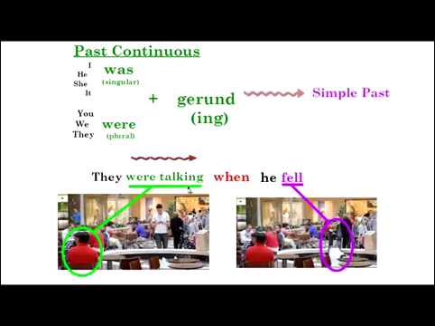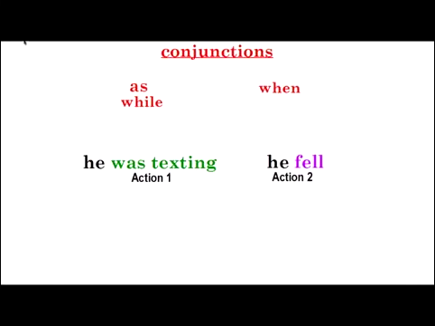Okay, so remember, in the past continuous, right, it's when two actions happen. Usually I'm using my past continuous to describe the first action that was happening, and the simple past is the second action that happened. Okay, so let's look at our conjunctions.